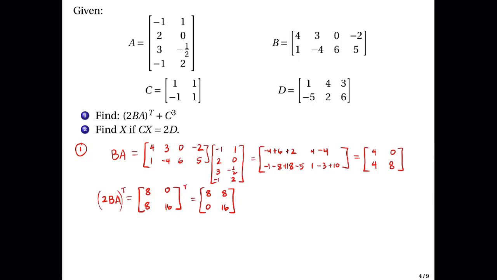Now, let's do C cube. Okay, so C cube. Let's start with the C squared here. 1, 1, negative 1, 1 times quantity 1, 1, negative 1, 1, 1, 1, negative 1, 1.